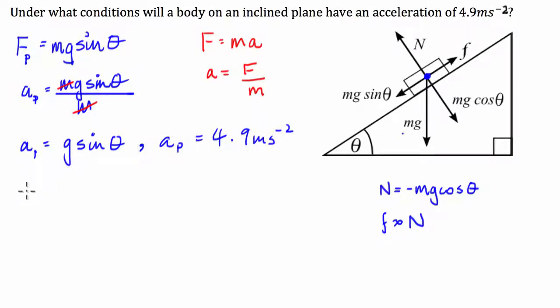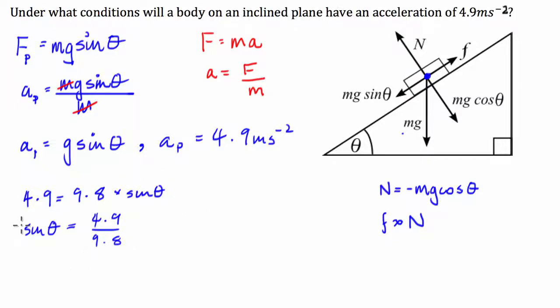So 4.9 has to equal 9.8 times the sine of theta. Now let's take the 9.8 over the other side. We're going to have the sine of theta is equal to 4.9 over 9.8.